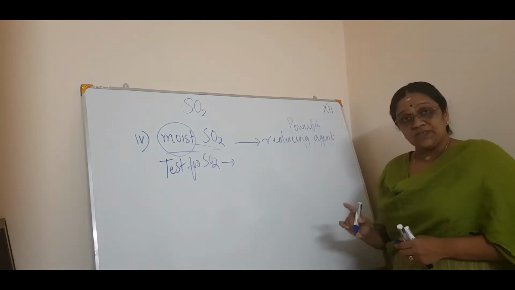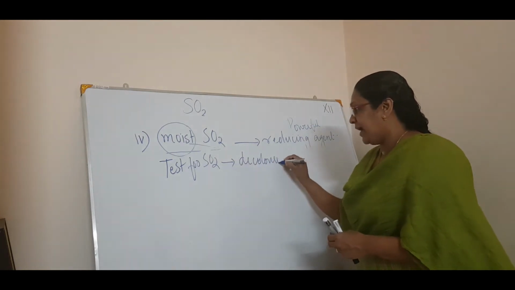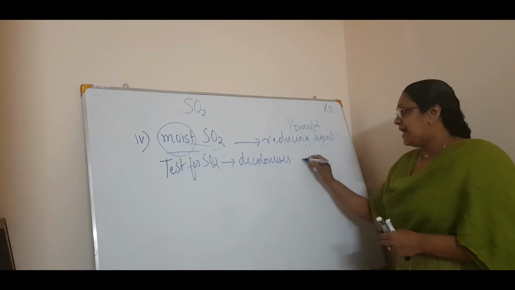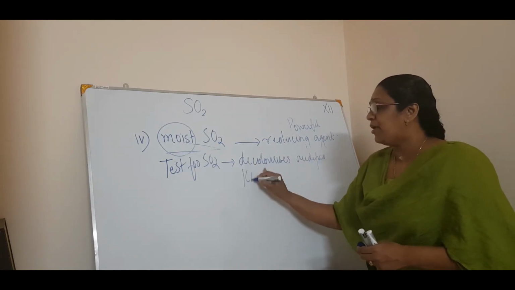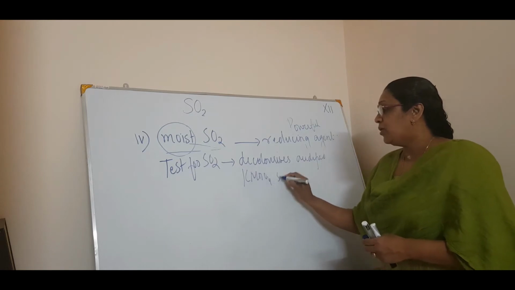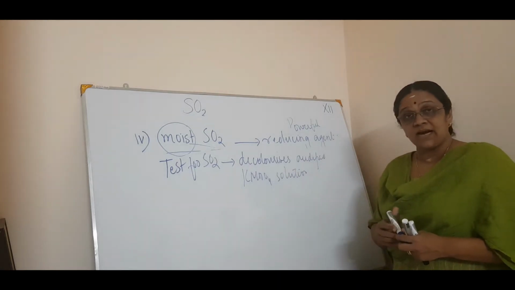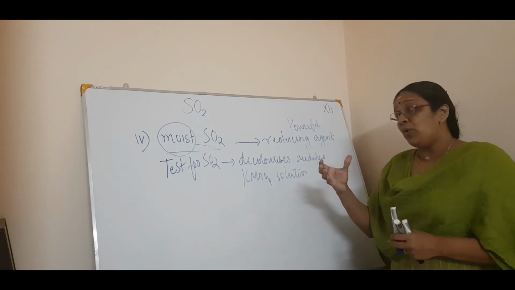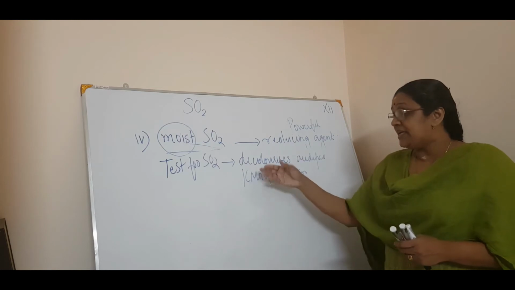Since it is reducing, it decolorizes, observation, okay, it decolorizes acidified KMnO4 solution. You know what is the color of KMnO4 solution? Purple color. Now if you put sulfur dioxide into it, it will decolorize.